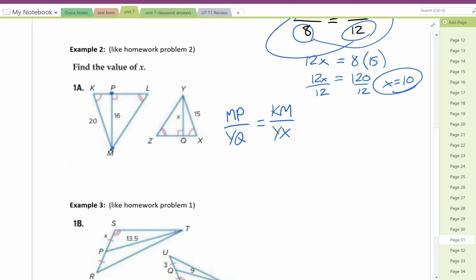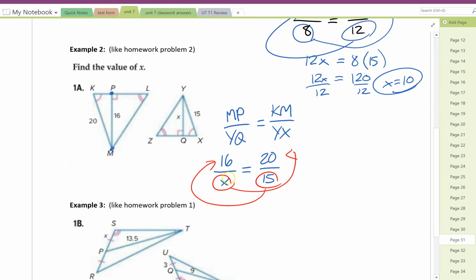So as always, I'm going to plug in what I know and solve for what I don't. MP is 16, YQ is what I don't know, so I'm going to leave that as an X. KM is 20, and YX is 15. So again, we're going to cross multiply. X times 20, and then 15 times 16.